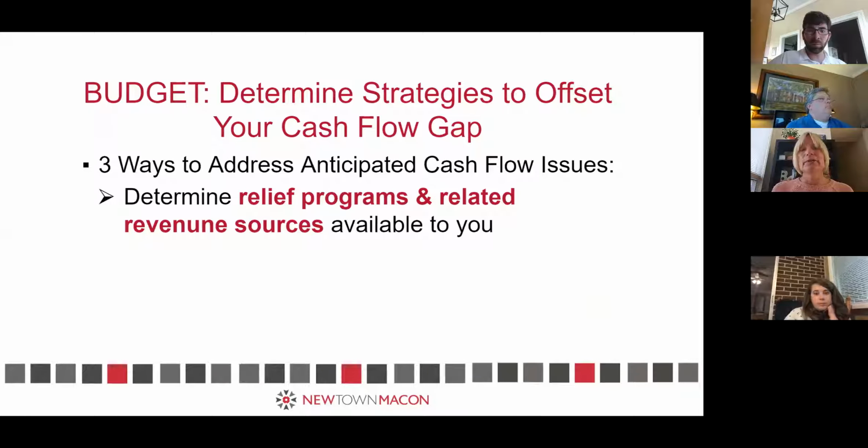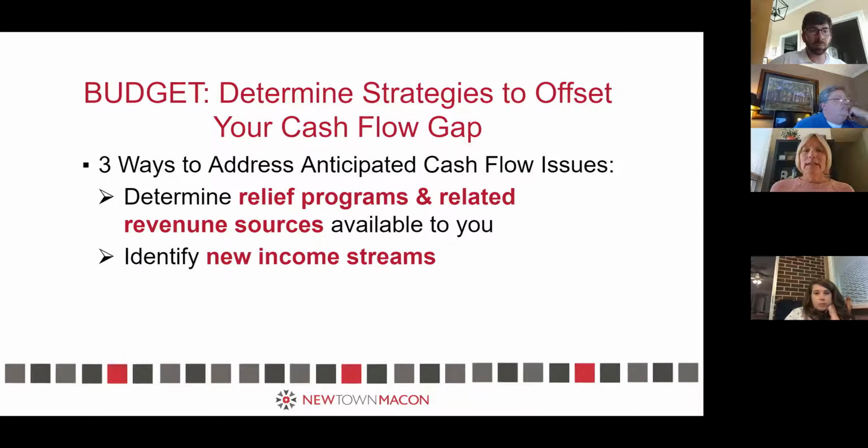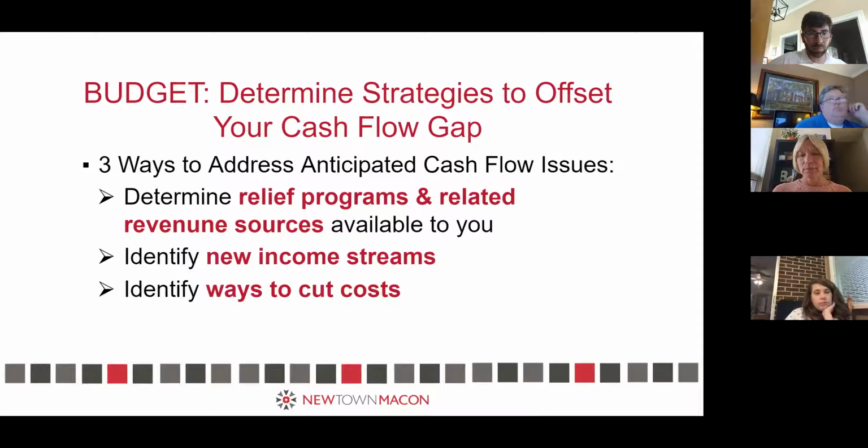There are a number of relief programs, some federal programs and some private nonprofit programs, that could be available to you, as well as hopefully some business savings or some available credit on a line of credit that you already have with a lender. The second is identifying new income streams or enhancing existing income streams. And then the hardest of the 3 is identifying ways to cut costs.